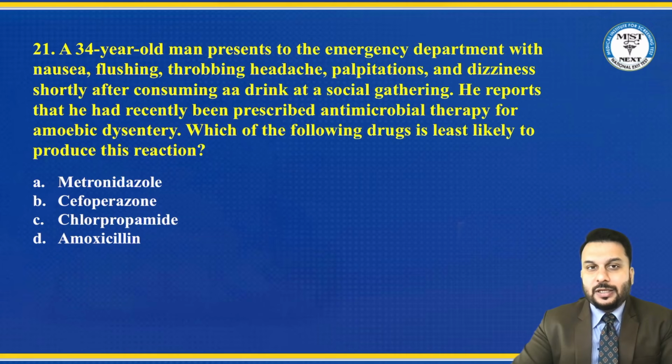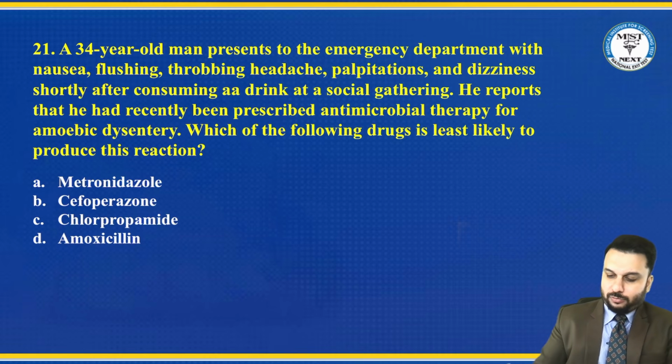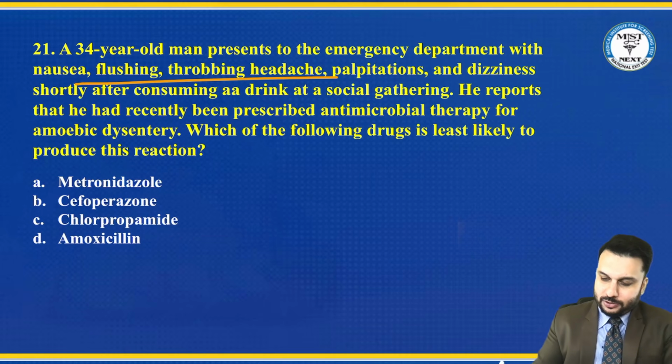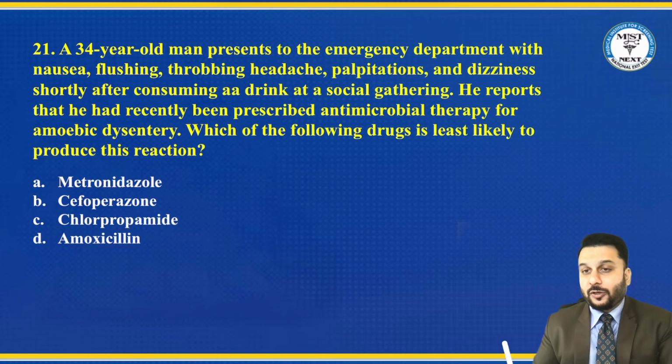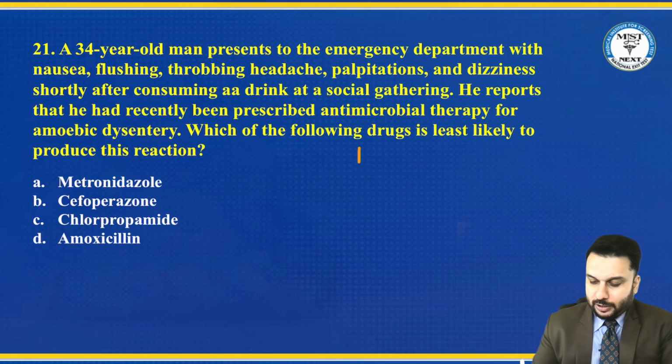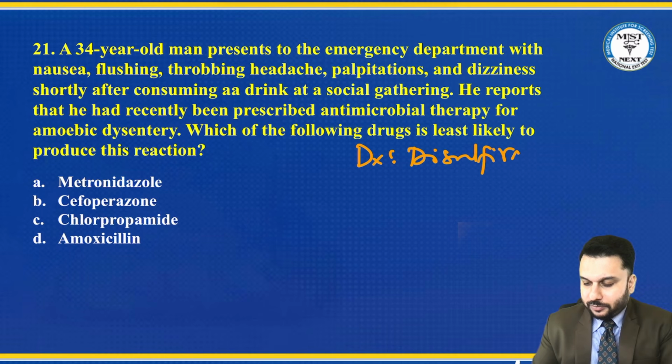Which of the following drugs is least likely to produce this reaction? Okay. So first of all, the patient is having certain symptoms after drinking, that means it is something called a disulfiram-like reaction. So the diagnosis in this will be disulfiram-like reaction.